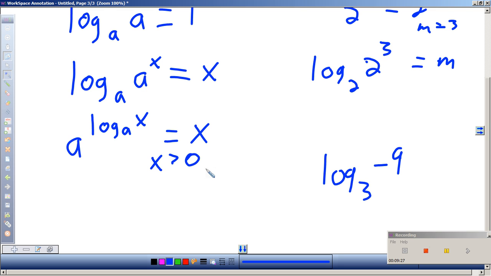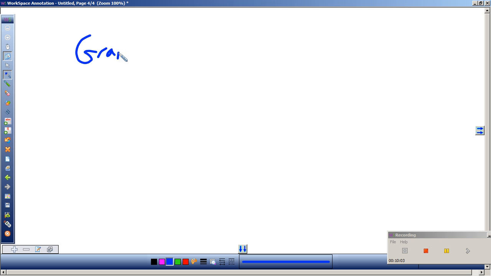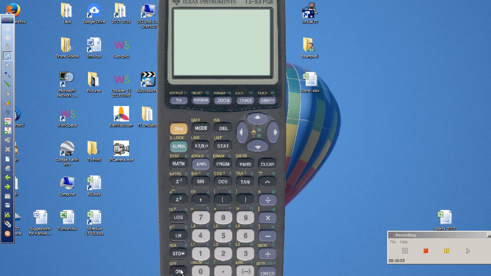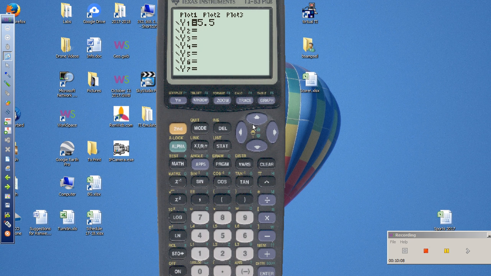So let's look at what the graph of these looks like. Graphing. On your calculator, for now we're just going to use your base log. So log x. Anybody have a guess what it's going to look like before you actually do it?